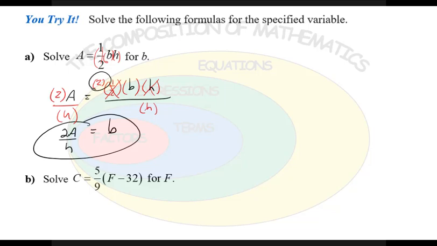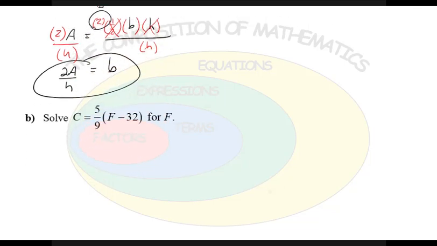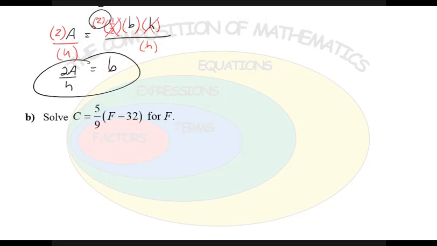So the next problem, again, we see that we want to solve for F, and F is sitting right here. In terms of composition, we have a parenthesis which represents a factor, and then the 5/9 is also a factor. So instead of distributing this, we could take away that factor of 5/9 from the right side by multiplying by a factor of 9/5 on the right side.